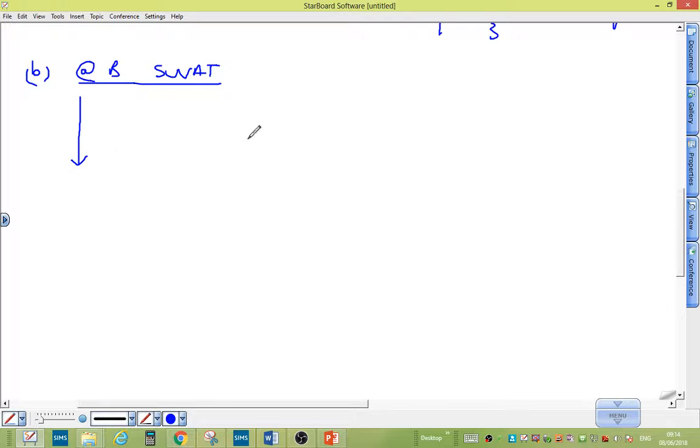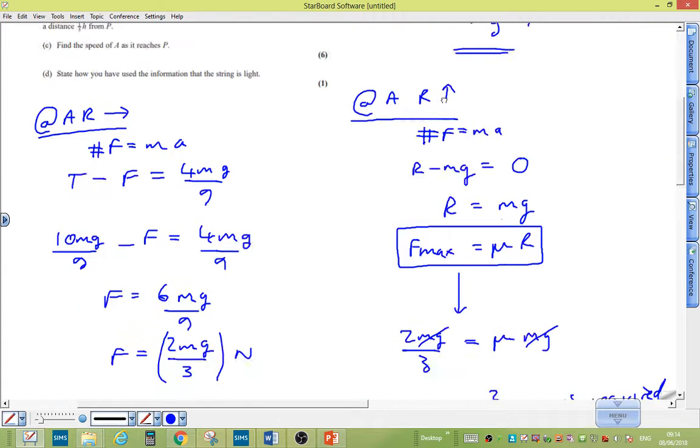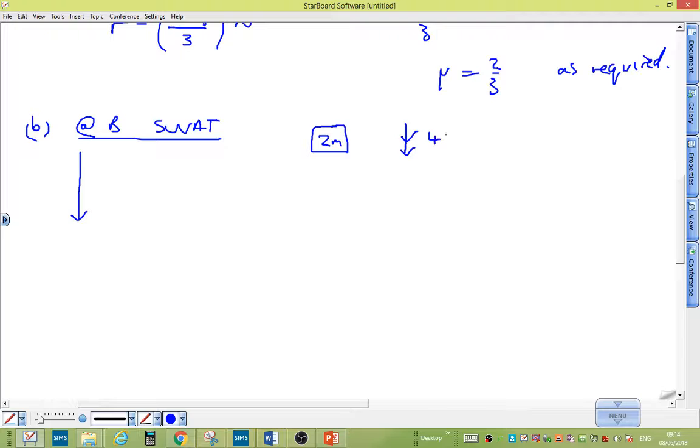If you want a little diagram of what you're thinking about, there is B, it is 2m. It has got acceleration in that direction of 4g over 9, because it's still connected. It has got a distance of h to fall, and we are going to find the velocity just before it hits the ground. We know it was released from rest, so u is 0.